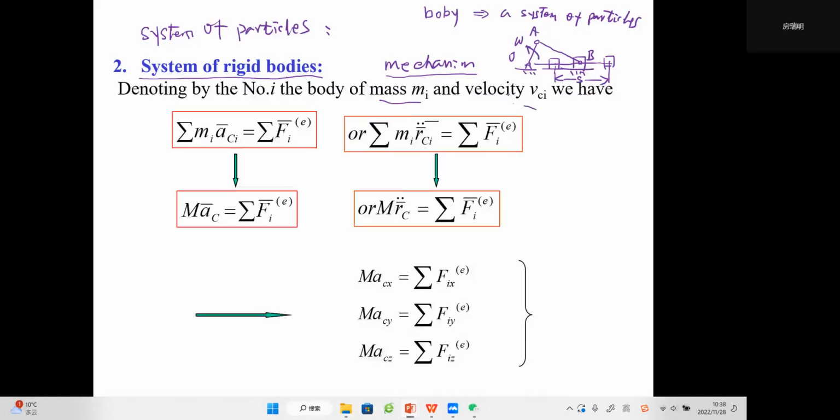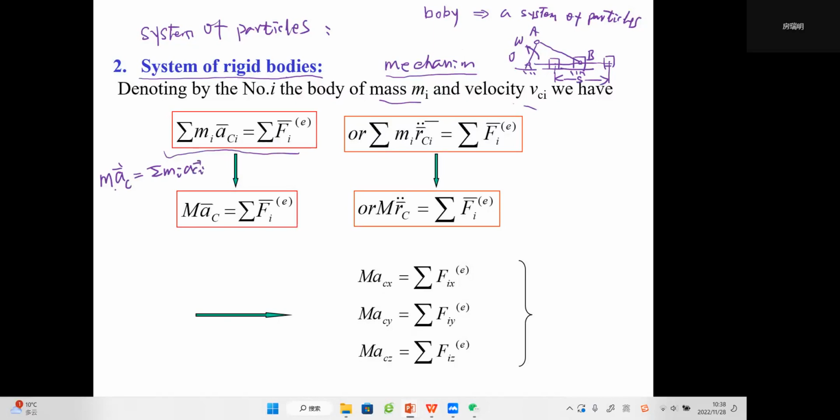We have this. Why is this right? Because we use M to denote the whole mass of this mechanism, and a_C is the acceleration of its mass center. Actually, it will equal the sum of m_i a_Ci, right?